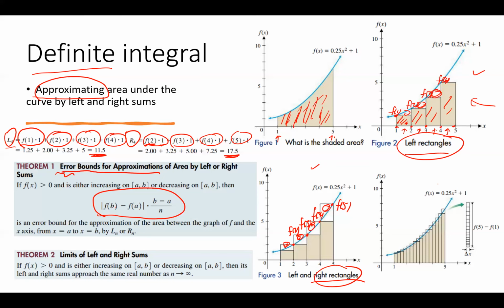This is a literal interpretation of the sum of all the empty blocks. What do we mean by empty blocks? If you look at this graph, this is the sum of all the individual white box rectangles.